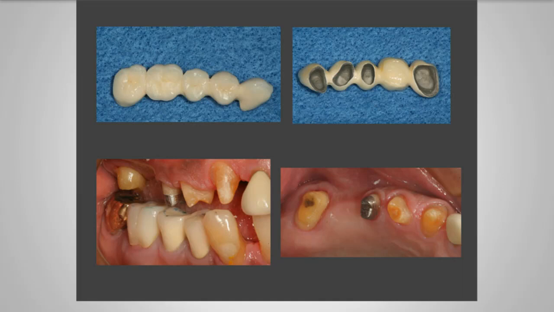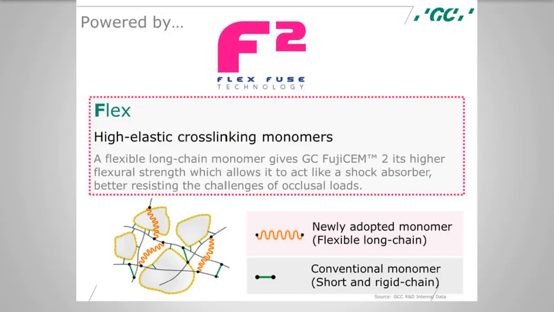So when we look at Fuji Cem 2 as a product and compare it to the previous generations of Fuji Cem, there's a couple of things that make Fuji Cem 2 different. First of all, the flex: high elastic cross-linking monomers, and you can read the slide here. There's been improvement in the elastic monomers that cross-link this material to increase the flexural strength and allow it to act more like a shock absorber, resisting occlusal load, because we know these materials don't do too well under occlusal load.